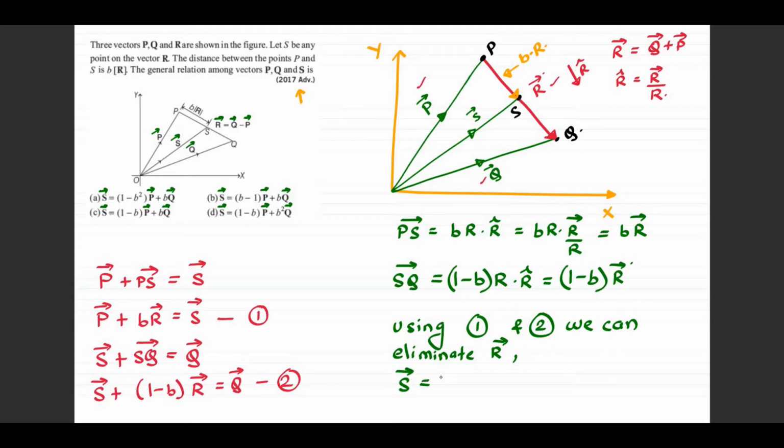If you eliminate and relate, you will get this kind of a relation. And that matches with option C. So this is how we need to approach this question. Okay, fine.